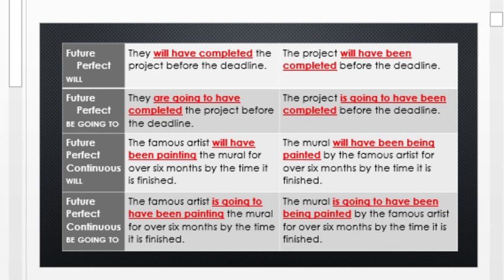Same goes to future perfect of be going to, and future perfect continuous using will, and future perfect continuous using be going to form. So mostly the difference is that one is present and one is past, or you can say the verb is being converted into past form.